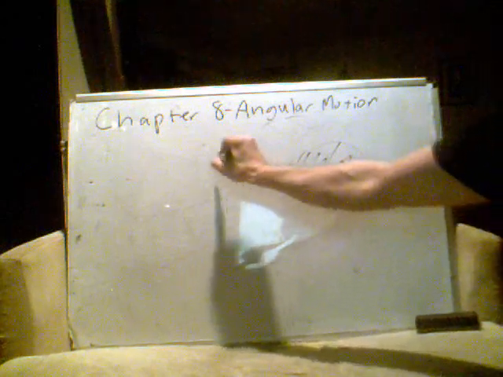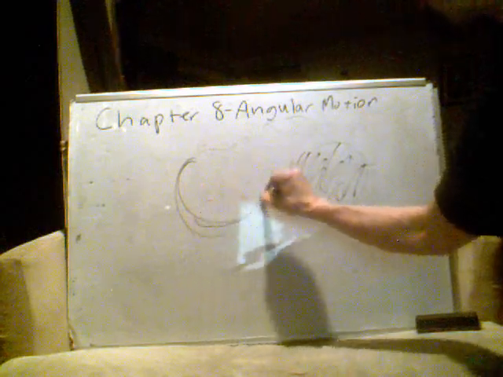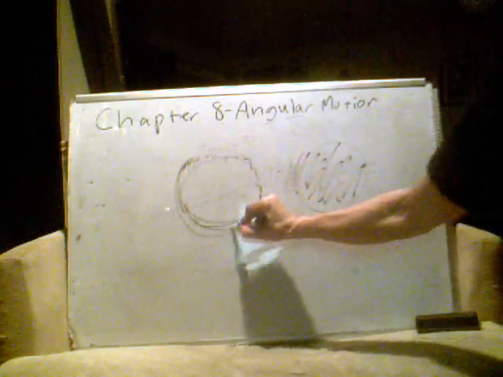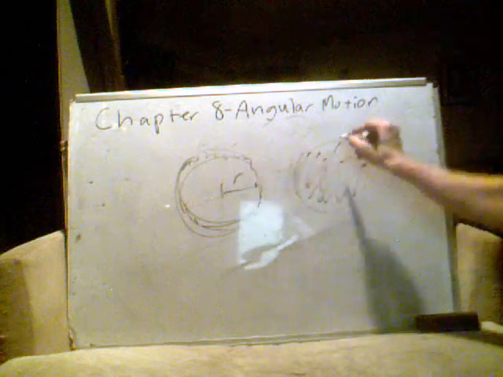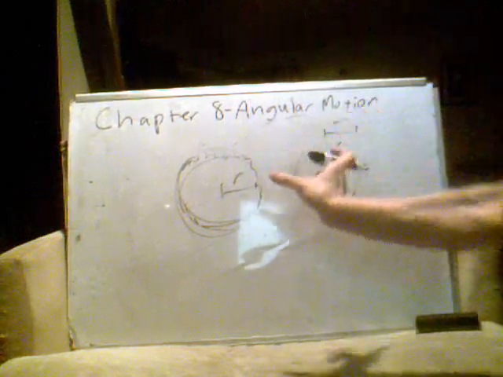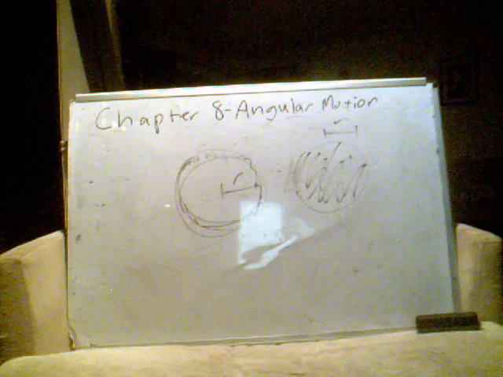But then you've also got, sorry, I'm terrible at this. You've also got an object, and let's pretend that I didn't draw this so terribly, but that they both have the same radius, they're the same size, right? But this one is hollow, right? It's just a ring.